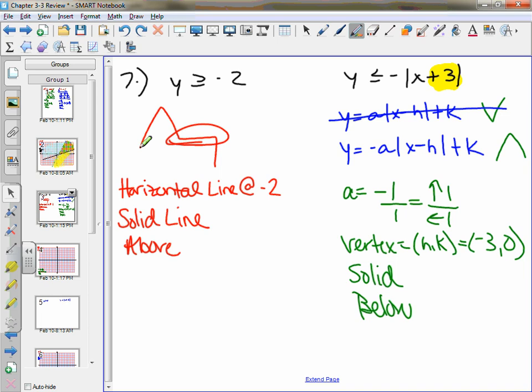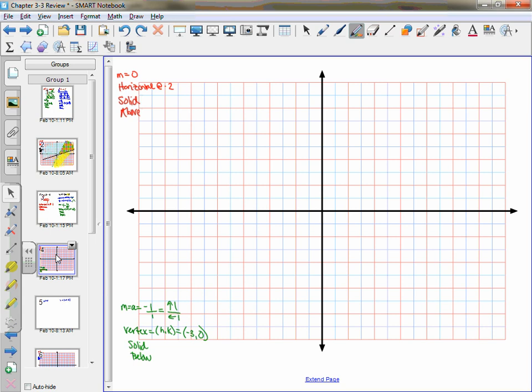Okay? So now that I have all my information, I'm going to go over my XY axis here, and I'm going to graph. So I'm going to graph my left side equation first, which is my horizontal line. Okay, so if we do that, now you have to do all variables.